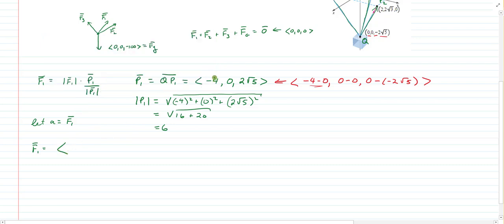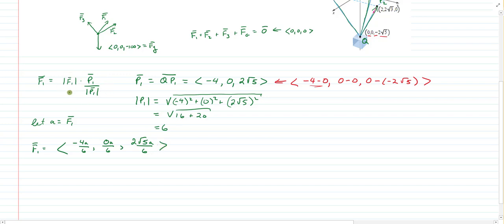So let's see here. We had negative 4 was the first component divided by 6 times a, so that would be negative 4a over 6, comma. Then this would be, I'll go ahead and write the whole thing out, 0a over 6, comma, and then 2 square root of 5a over 6, where I went ahead and actually computed this.